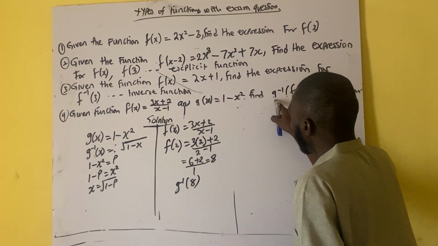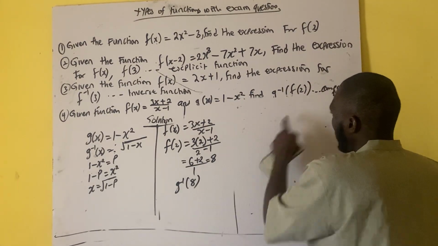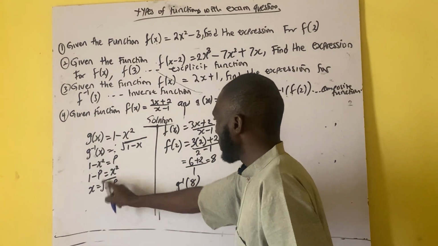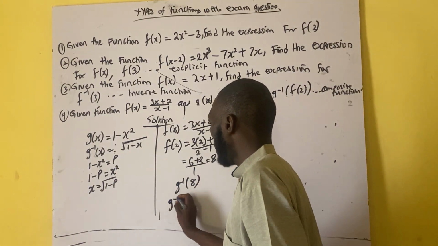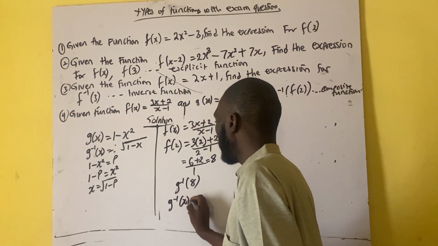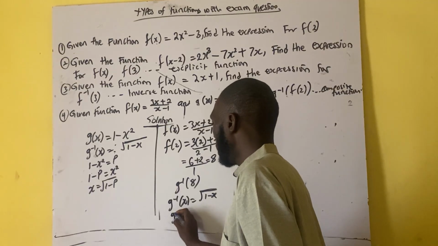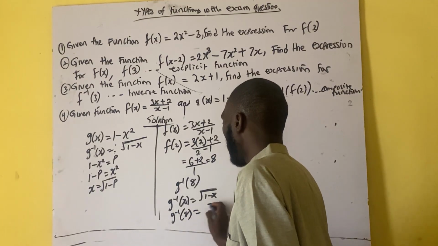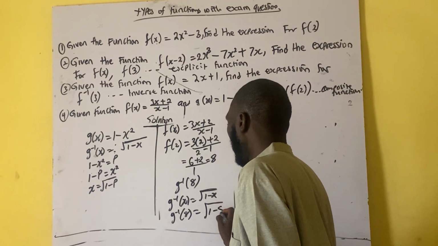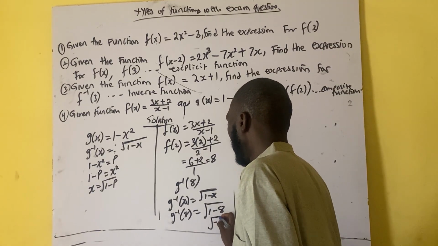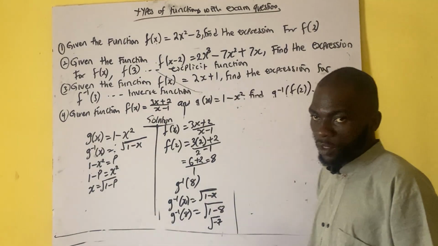So that means g inverse is equal to 8. Therefore, since g inverse of x is equal to the square root of 1 minus x, g inverse of 8 will be equal to the square root of 1 minus 8, which is the square root of minus 7. So you stop there.